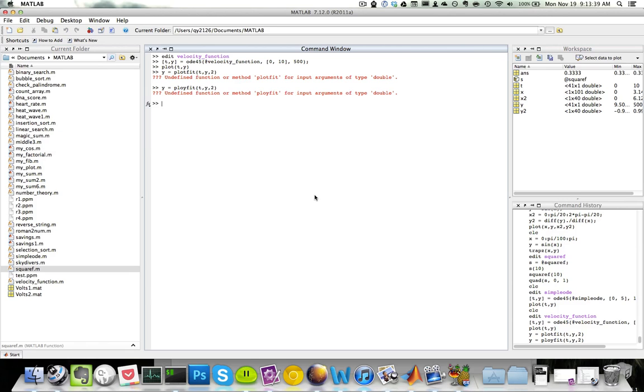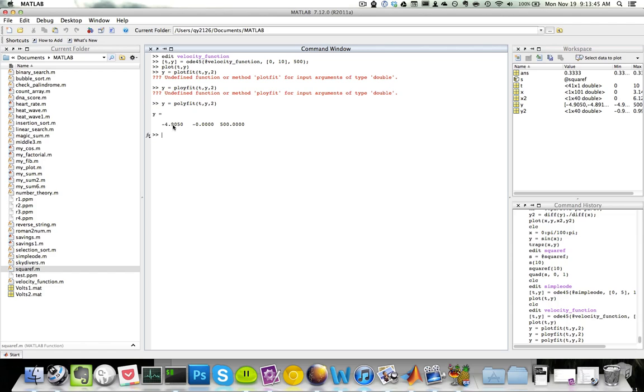Polyfit gives us the following three things: negative 4.9, 0, and 500. So this actually corresponds to the equation y is equal to negative 4.9 t squared plus 500, which makes sense.